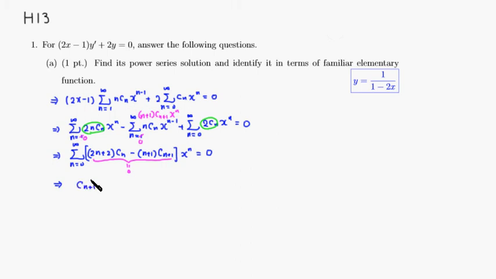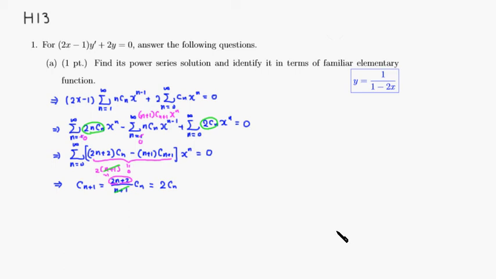Cn plus 1 is equal to (2n plus 2) over (n plus 1) times Cn. Because 2n plus 2 is the same thing as 2 times (n plus 1), we can cancel n plus 1 on the bottom and on top. So you simply get 2 times Cn.